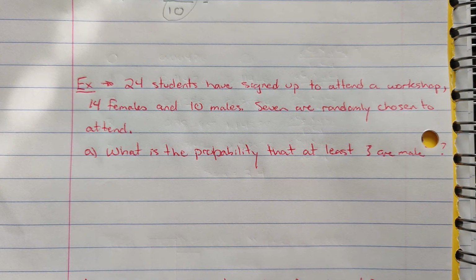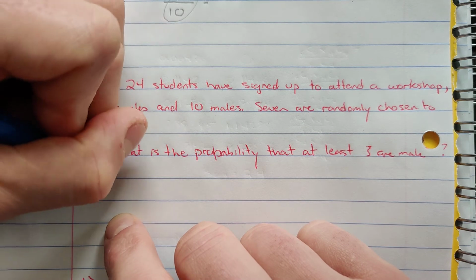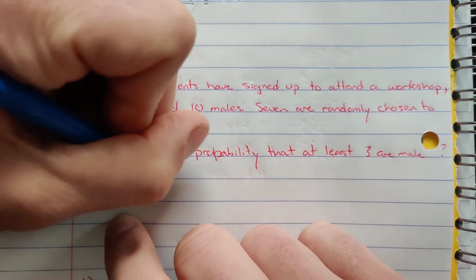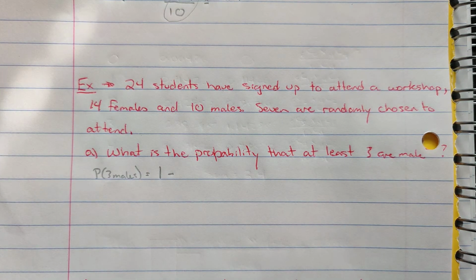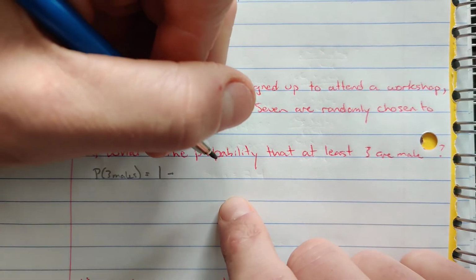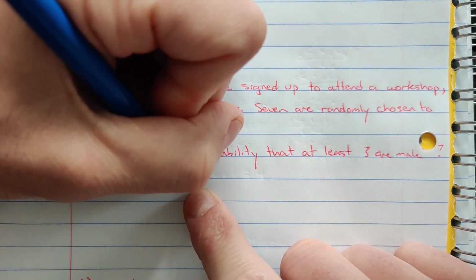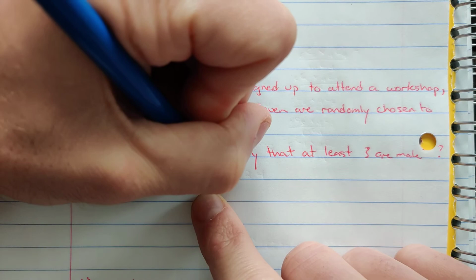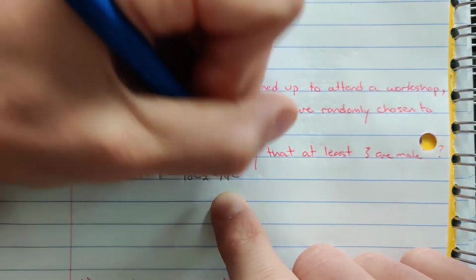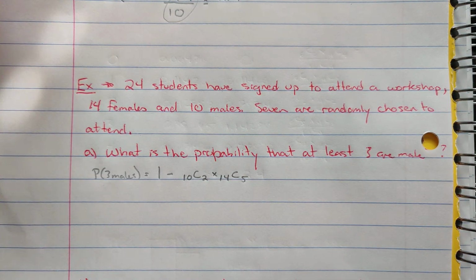And so we can do that one up here with our probability of at least 3 males being equal to 1 minus the probability of selecting 0, 1, or 2 males. So selecting, or sorry, 2 males is going to be 10 choose 2 times 14 choose 5. And that is picking 5 females and 2 males.